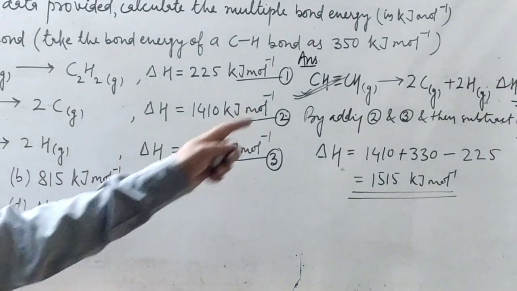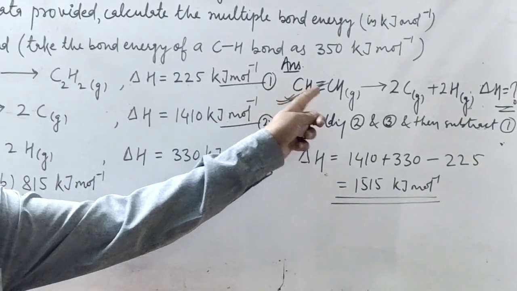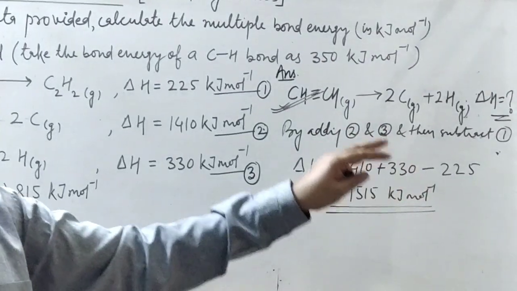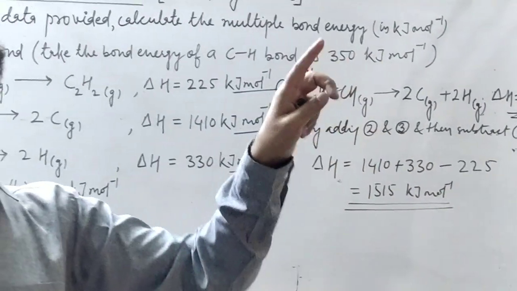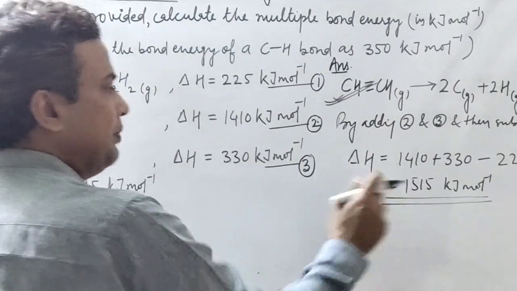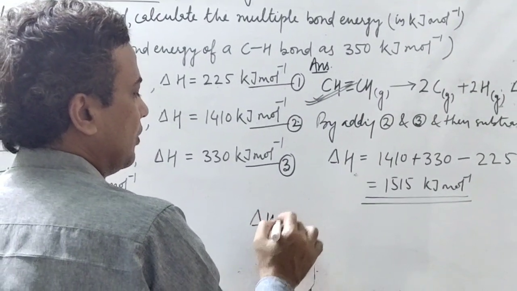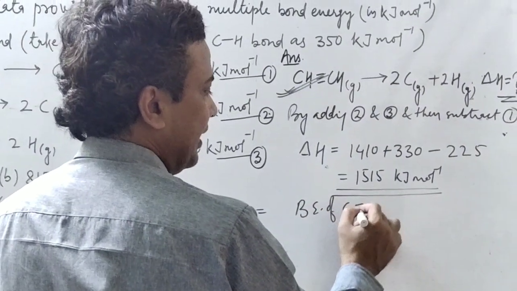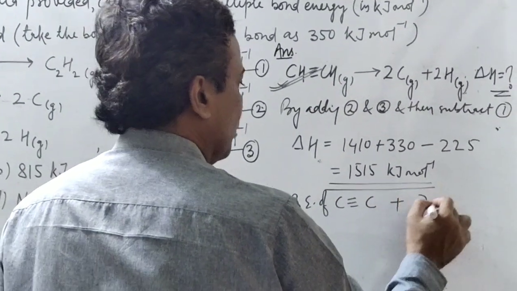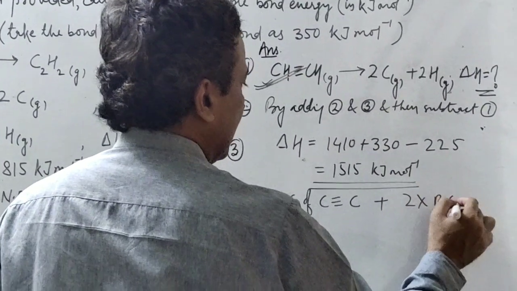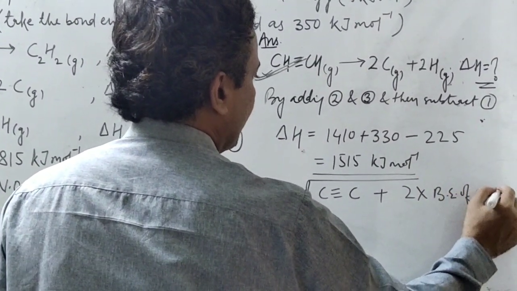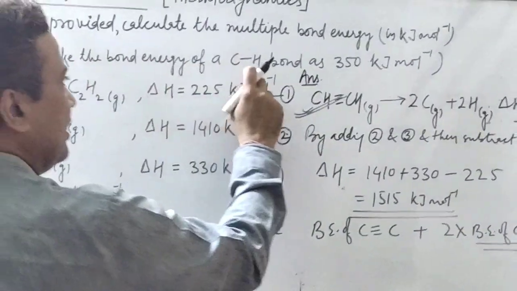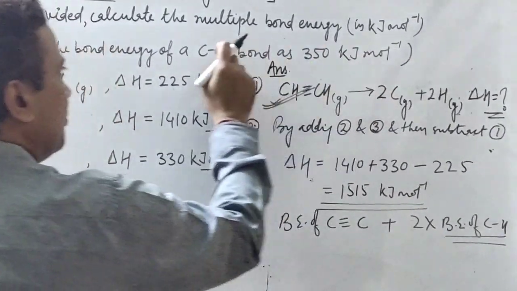But we have to find out the bond enthalpy of C triple bond C, and in this reaction, along with C triple bond C, 2 CH bonds are also cleaved. So this enthalpy is equal to the bond enthalpy of C triple bond C, that we have to calculate, and 2 into the bond enthalpy of CH bond. And for CH bond, bond enthalpy is given, that is 350 kilojoule per mole.